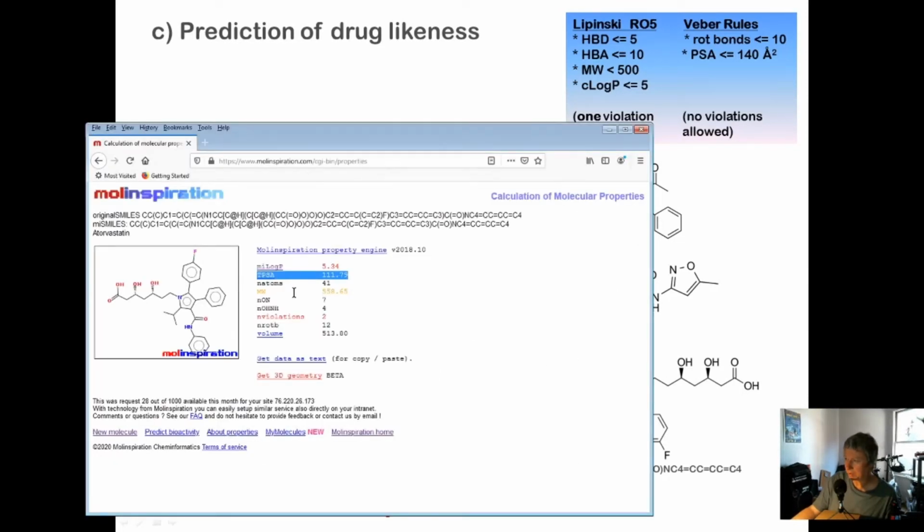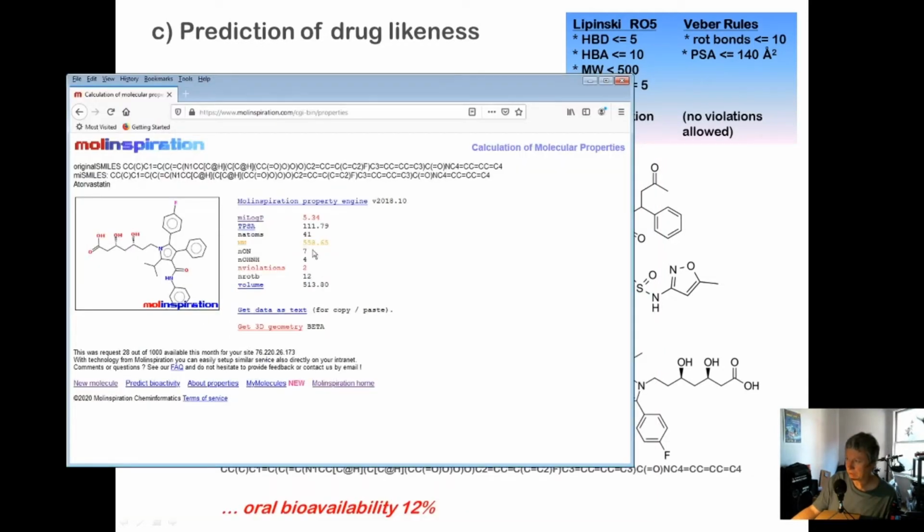And yeah, the big violations were molecular weight and the C log P, which is a little on the greasy side, I guess, because above 5 it gets greasier and greasier. Okay, great. I also think about the molecular weight, and why do they have this molecular weight cutoff in the Lipinski rules?